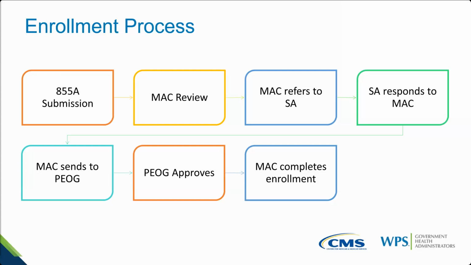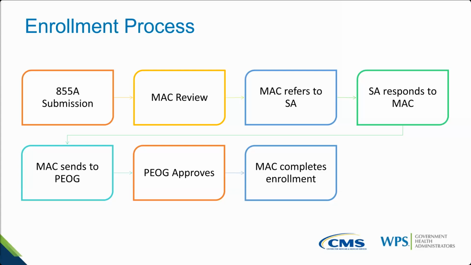Not all providers have been transitioned. So some pieces of this may or may not apply when you get outside of the realm of a hospital. The differences in that process really are dictated by the type. So again, we are focusing on the enrollment process for a Part A hospital.